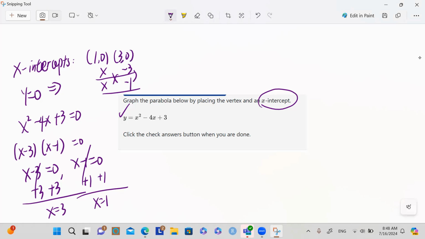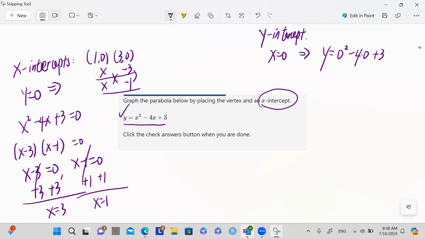It doesn't ask us to find the y-intercept, right? But we could find that actually. If you want the y-intercept, we just set x equal to 0 and then solve for y. Going back to the original equation, y equals 0 squared minus 4 times 0, plus 3.